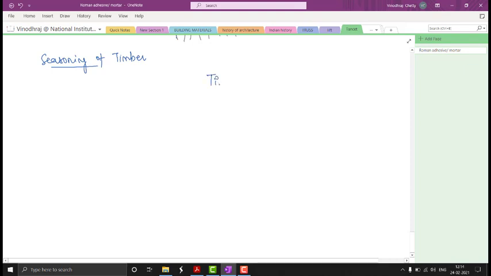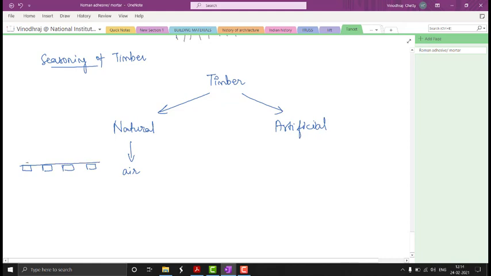Timber can undergo natural and artificial seasoning. Natural seasoning is mainly done through air, where the logs of the wood are placed partially away from each other in particular sections, like this, and all these are voids in between the logs.